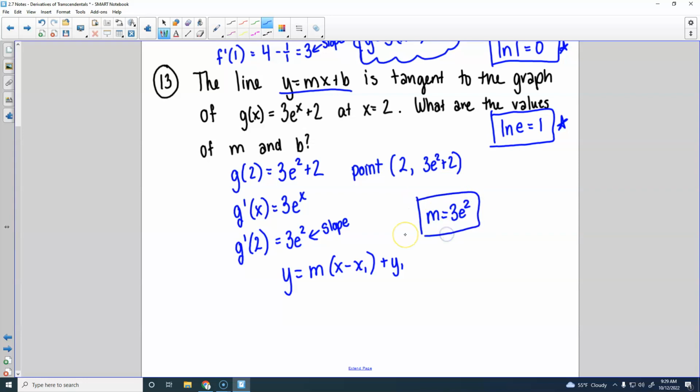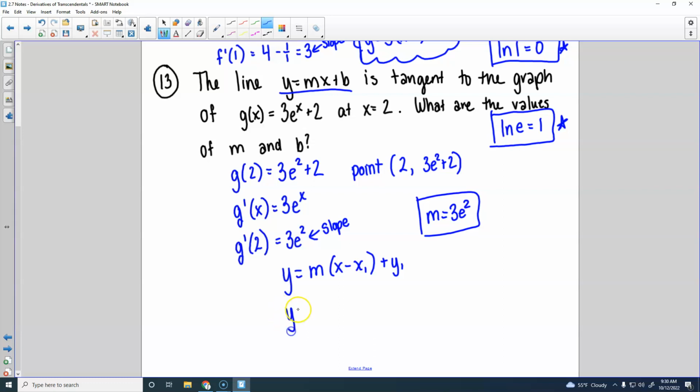Right, that is definitely our m. But to find our b, we need the y-intercept. So we're either going to have to do this, or you could use the y equals mx plus b formula and do it like we did in Math 1. That would work also. Since we're conditioning ourselves to do it this way, I usually do it this way. But we do have to do this part to be able to find b.